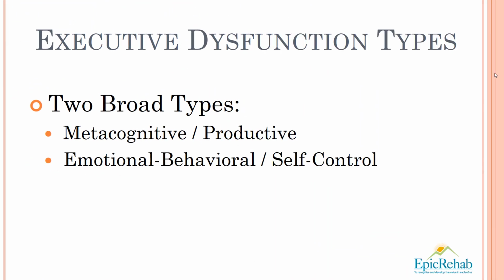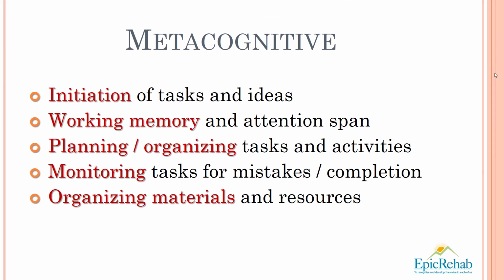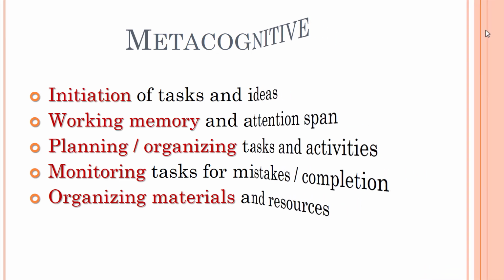As an introduction, we can think in terms of executive dysfunction broadly as occurring in the metacognitive and productive arena, and executive dysfunction with regard to emotional and behavioral self-control. There are 5 metacognitive types of executive dysfunction: initiation of tasks and ideas, working memory and attention span, planning and organizing tasks and activities, monitoring tasks for mistakes and completion, and organizing materials and resources to implement tasks and ideas and activities.